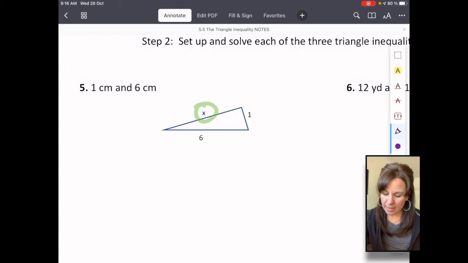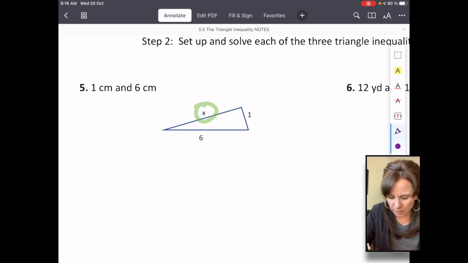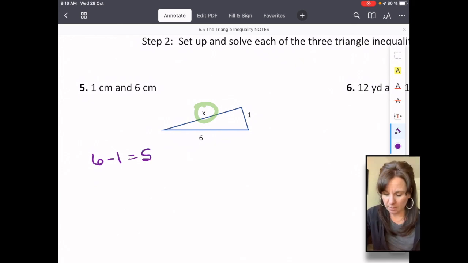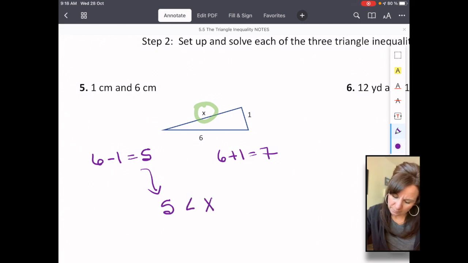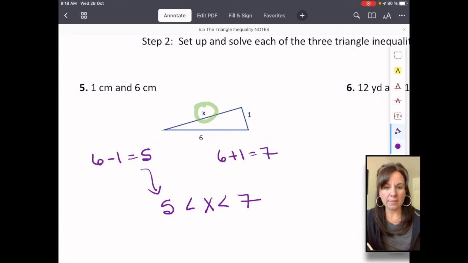Well, we're going to take the sides that we're given, 6 and 1. First thing we're going to do is find the difference. So 6 minus 1 is 5. Then we're going to find the sum. 6 plus 1 equals 7. So these become our boundaries. X has to be between 5 and 7.